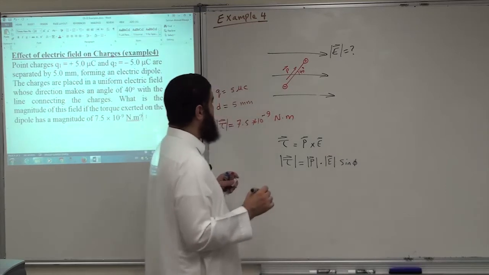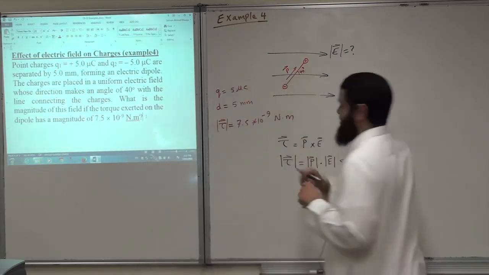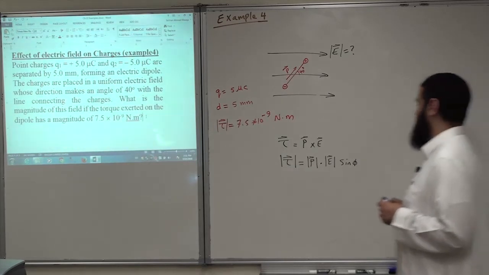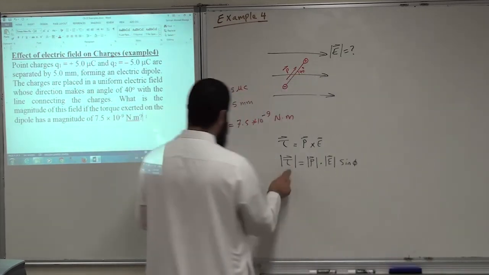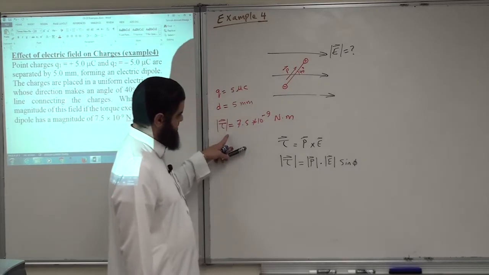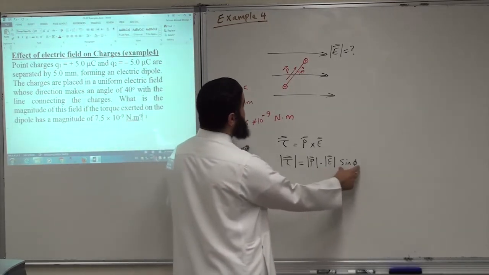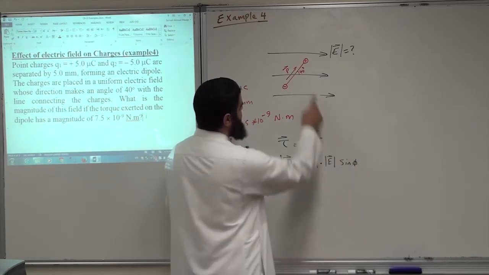Let me call it sine phi, and this angle in this case is 40. The magnitude of the torque is given to us. The magnitude of the electric field is unknown. Sine phi is sine 40.